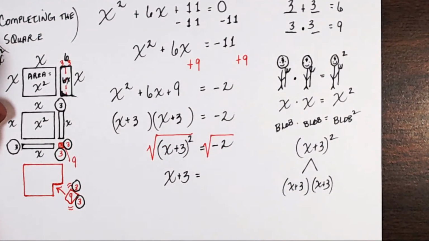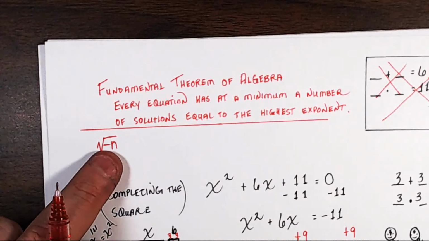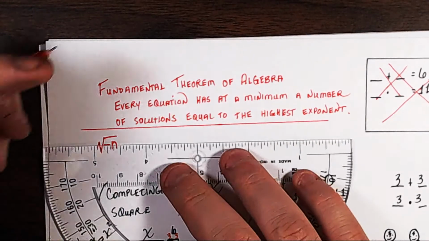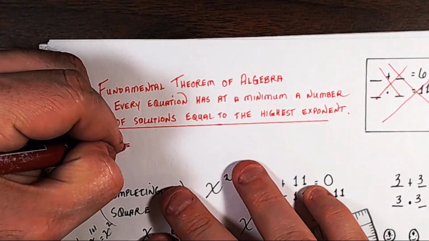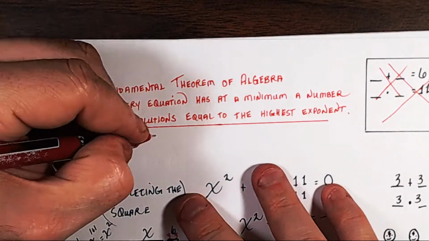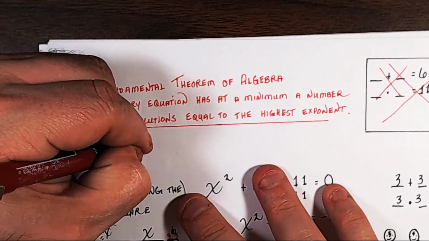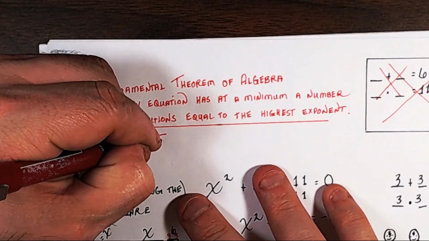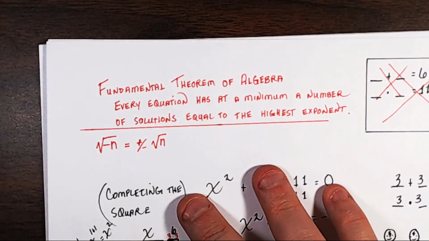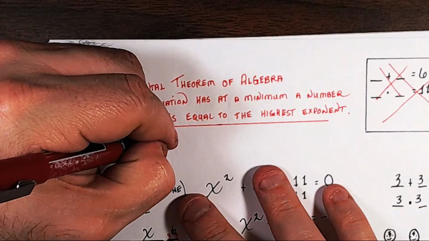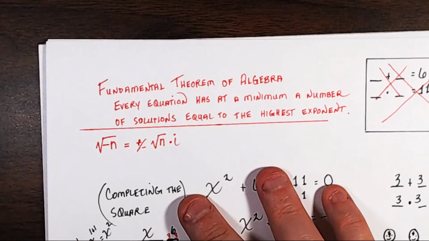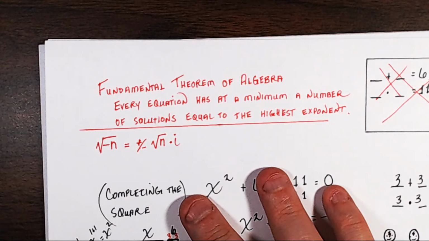So the square root of negative 2. The square root of negative n is equal to plus or minus the square root of n, positive n, times i.